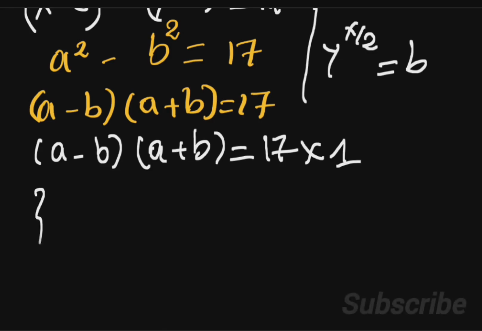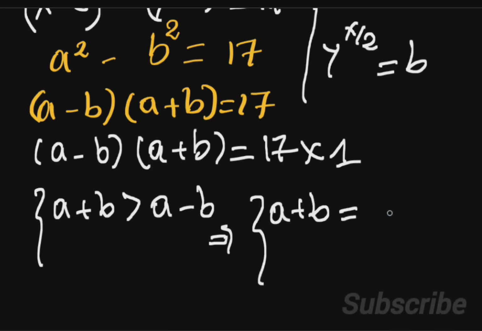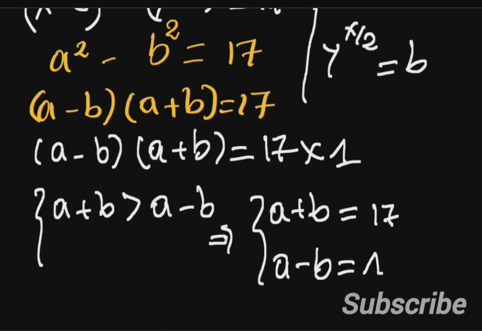Here we know that a plus b is greater than a minus b. This means that a plus b is equal to 17 and a minus b is equal to 1.